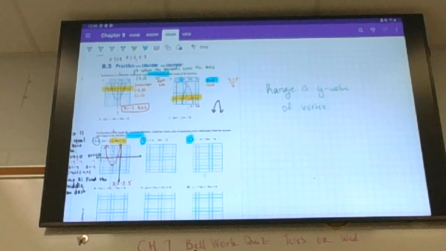Do you know how to know if the arrow goes up or down?